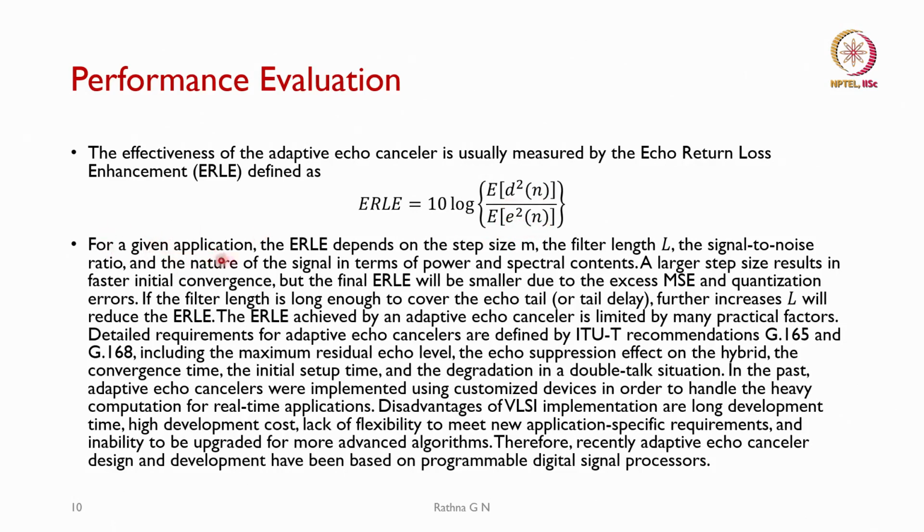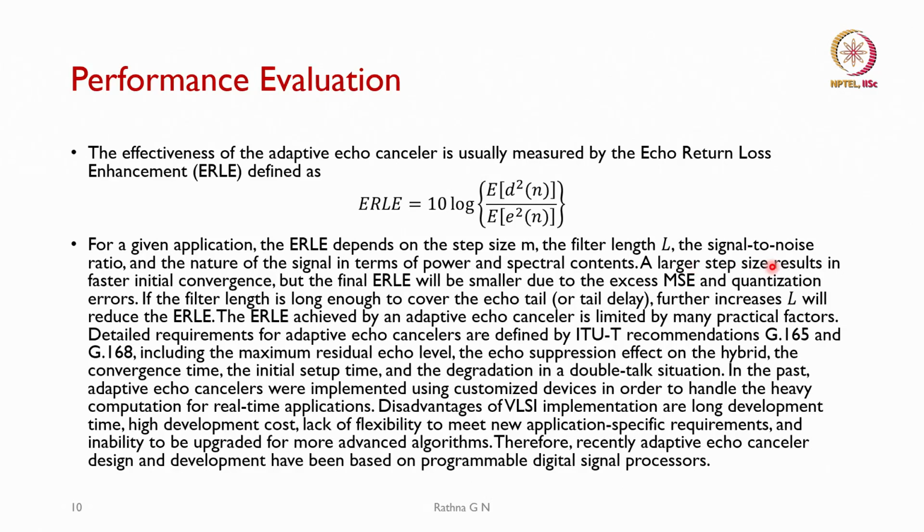For a given application, ERLE depends on the step size mu, the filter length L, the signal to noise ratio, and the nature of the signal in terms of power and spectral content.